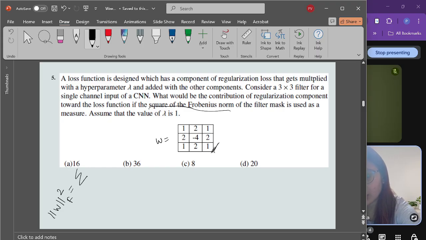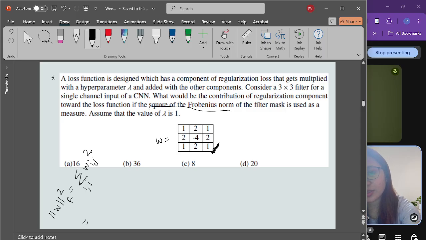It is calculated as the sum over i, j of W_ij squared. So just take the squared value of all the elements in this mask.